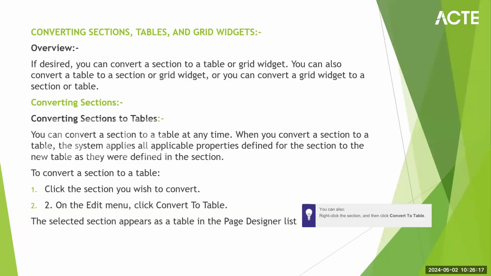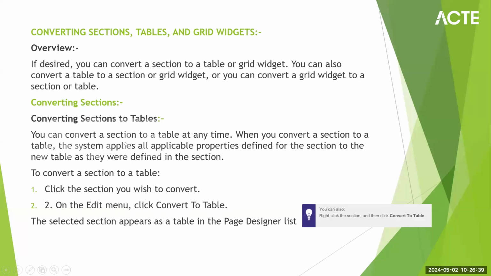So how to convert? Click the section you wish to convert. In the page designer, click on the section heading. On the edit menu, click convert to table, or you can right-click and choose the convert to table option.